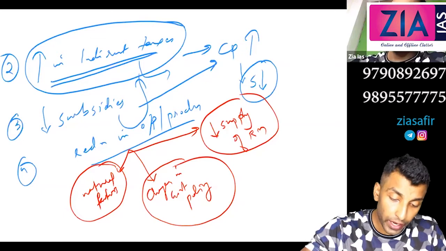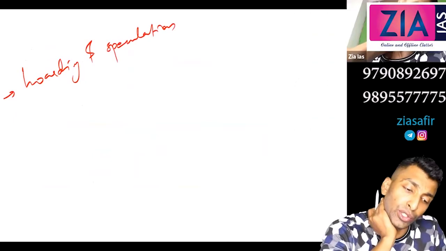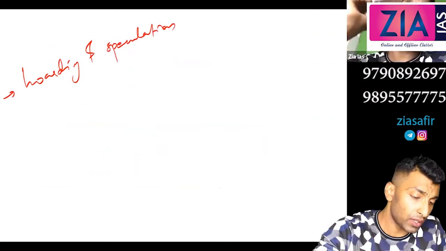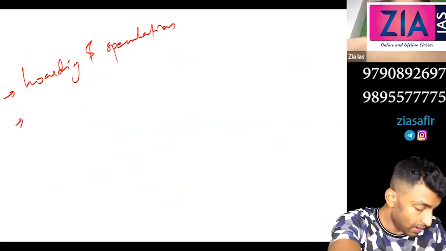Next point, you write hoarding and speculation. Because of this, supply will come down, so that is also directly connected. Next, you write defective supply chain.